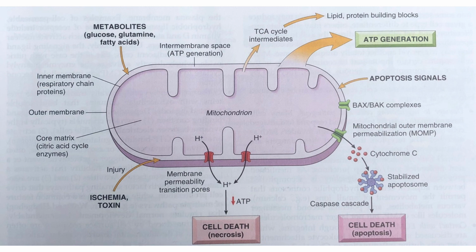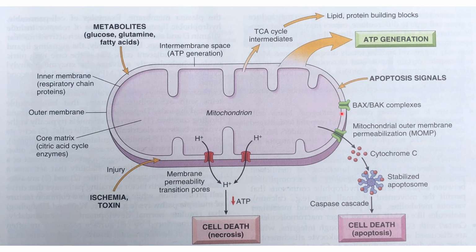In this formulation, you have metabolites, glucose, glutamine, and fatty acids in the mitochondrion, and intermembrane spaces for ATP generation. The tricarboxylic acid cycle intermediates can be extruded to produce lipid and protein building blocks, but the primary role is ATP generation. There are also apoptosis signals for cell death.